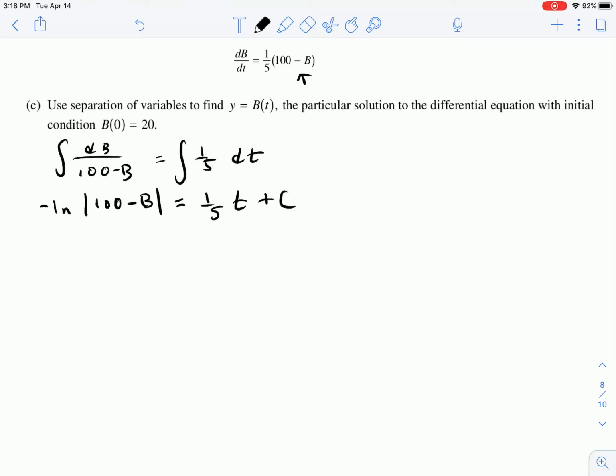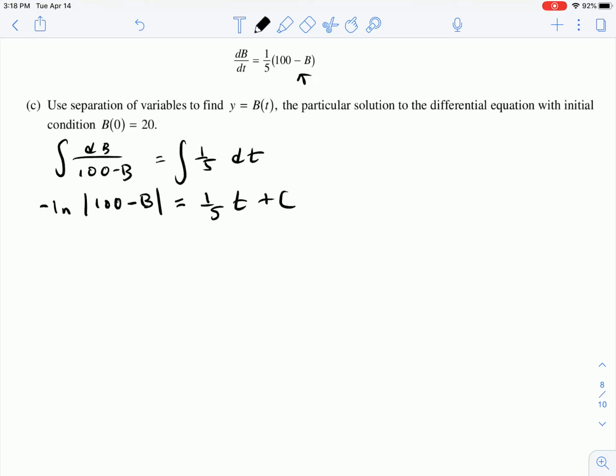Okay. So we separated the variables, we integrated both sides, and now we can either continue to solve for our B value or just write B equal to all values in terms of t, or we can actually solve for a constant here as well. It's up to you. I'm going to go ahead and actually do a few things before I exponentiate.